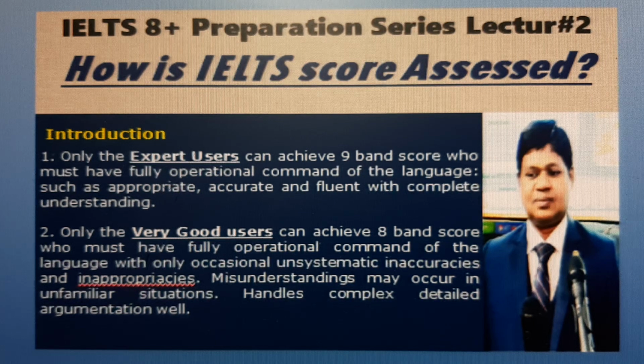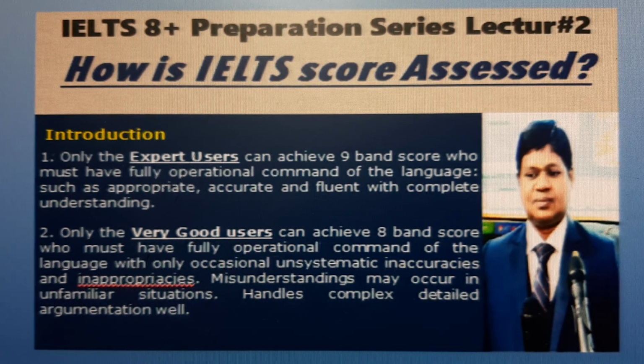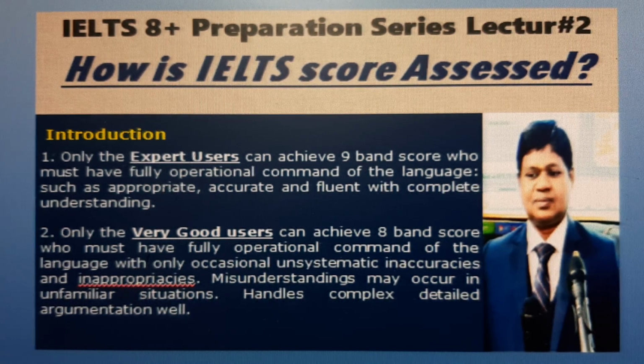As for example, in the listening test, both general and academic, you have to score 35 out of 40 for 8 band, 30 for 7 band, 23 for 6 band, 16 for 5 band, and so on.